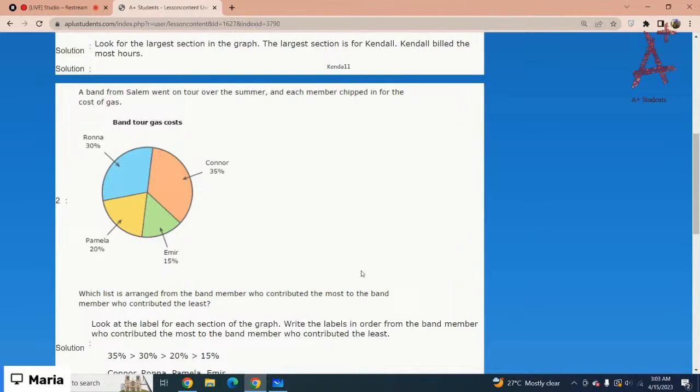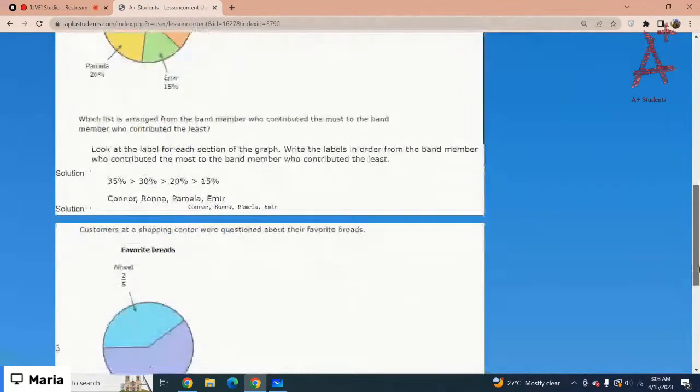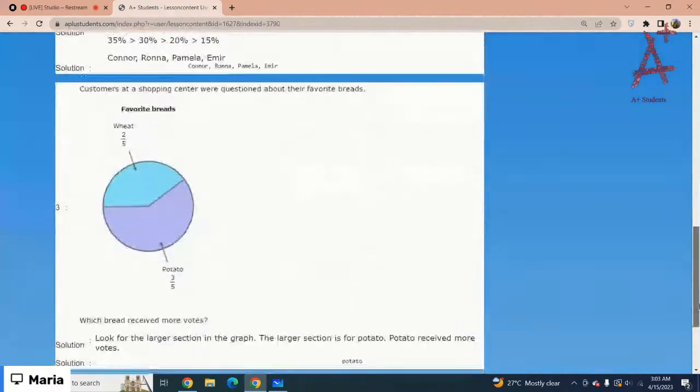Here you have 35%, 30%, 20%, and 15%. So it would be 35%, 30%, 20%, and 15%. Yes, you have to arrange from greatest to least.